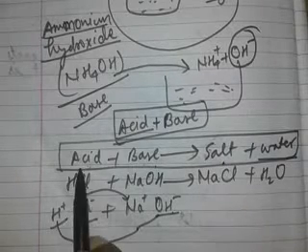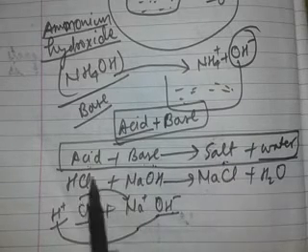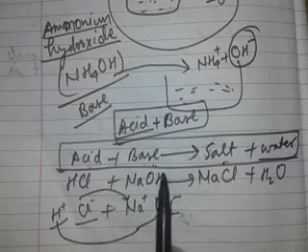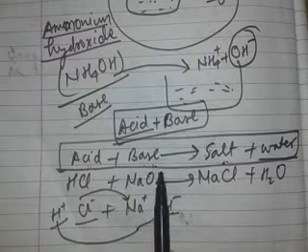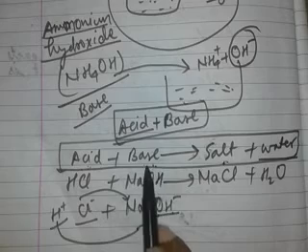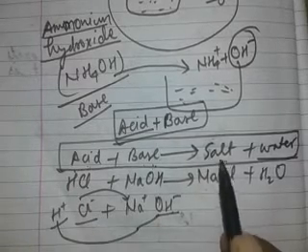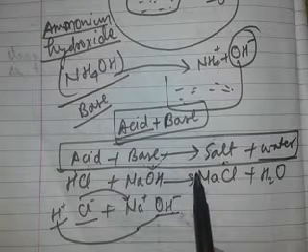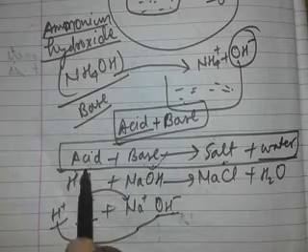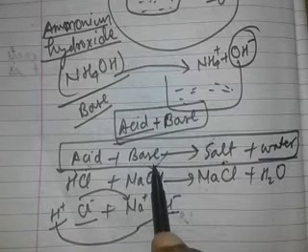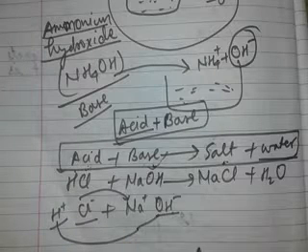The substance which reacts with the base and forms salt is called an acid. And we can also define the base from this equation. The substance which reacts with an acid and forms a salt is called a base. You can define both acids and bases from this reaction.